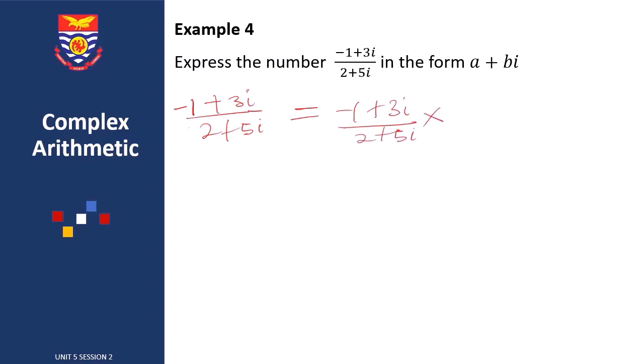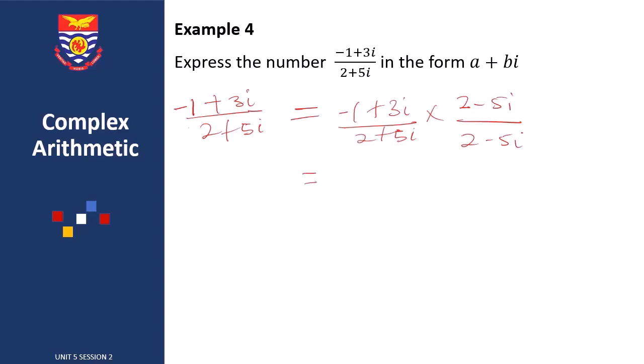You multiply both top and bottom by the conjugate pair, and the conjugate of which number? The denominator. Instead of saying multiplication, you can also use a dot. The dot means multiplication, they are the same. If I write dots, you can see clearly. So that's times 2 minus 5i, the conjugate of the denominator.